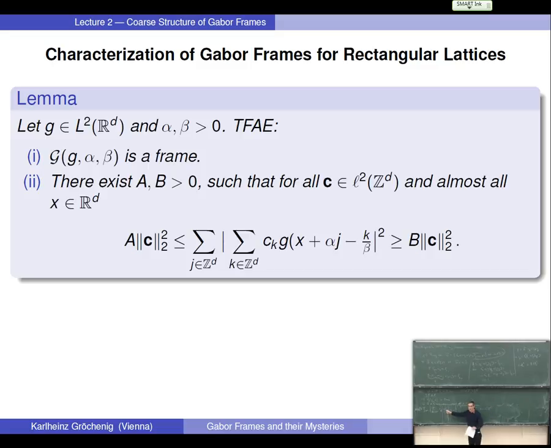There's some periodicity, so you can restrict the X to a cube. So now you look at the family of matrices. Ron and Shen call this the pre-Gramian, although it has nothing to do with the Gramian associated to a set of vectors in a space.